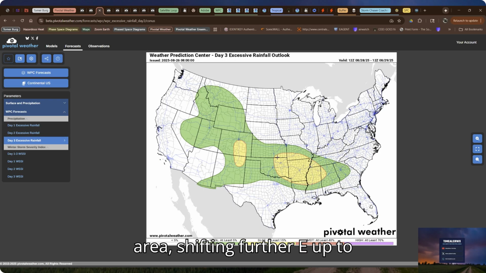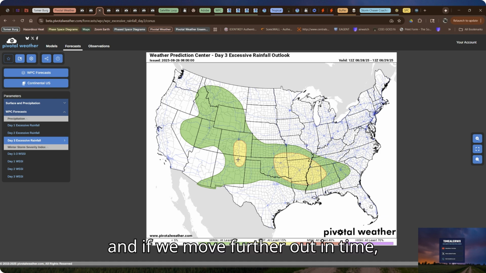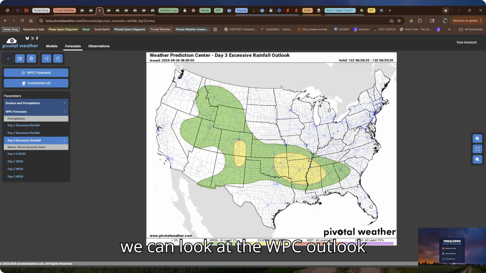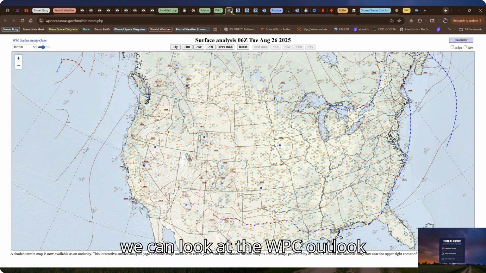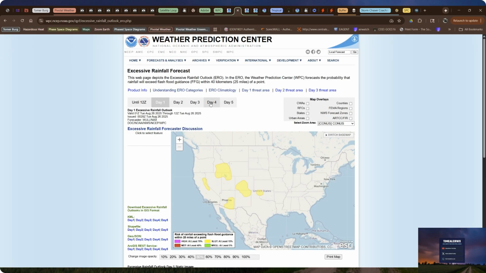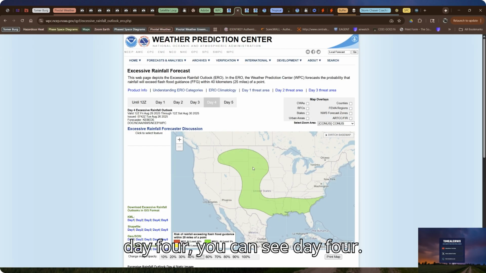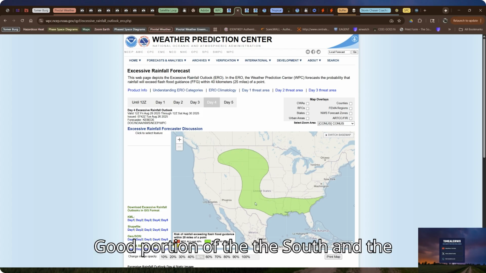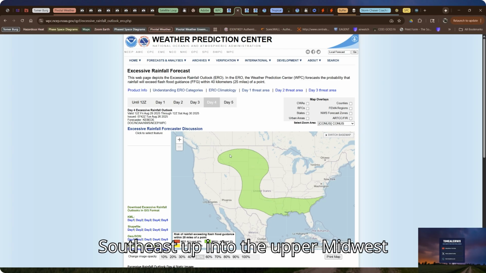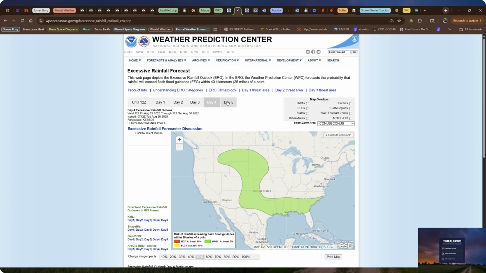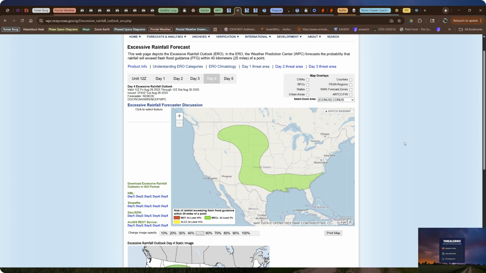Shifting further east up to day three. And if we move further out in time, we can look at the WPC outlook. Day four, you can see a good portion of the south and the southeast up into the upper Midwest is a different look at it.